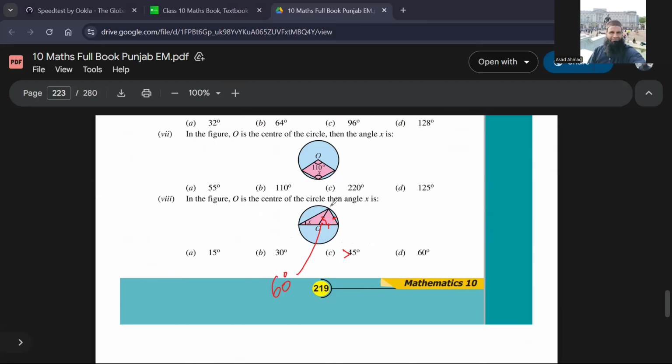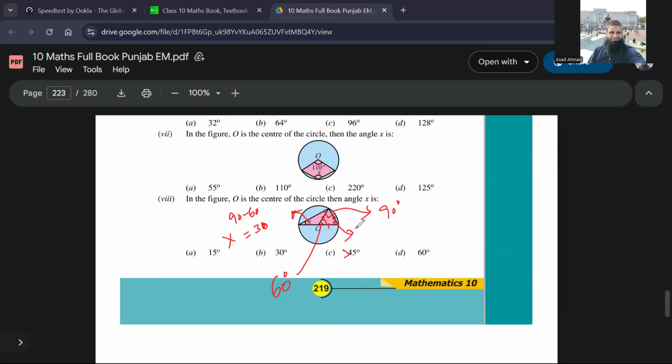And we also know that this part is angle in a semicircle, it is always 90 degree. So 90 is there, 60 is there, then x will be 90 minus 60. So this will be 30 degree x.